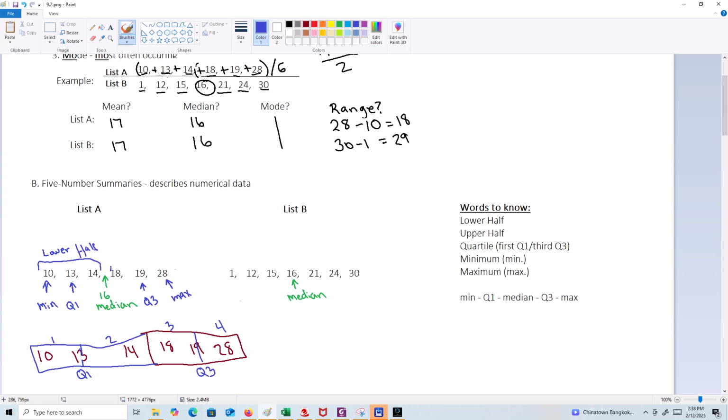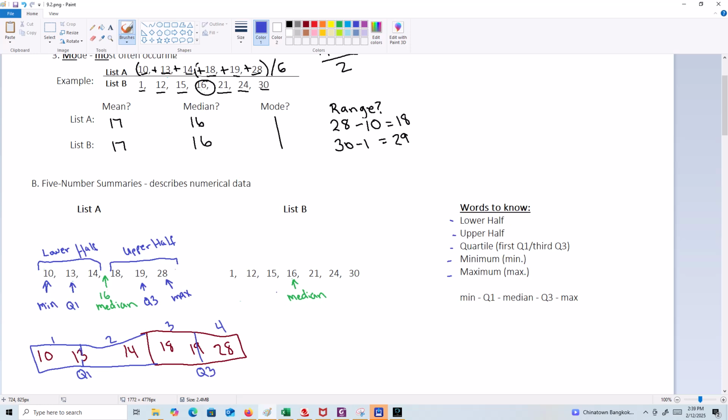And everything to the right of the median is the upper half. So all of these are terminology that you should know. You need to know what the lower half is referring to, the upper half, the first quartile and third quartile, the minimum and the maximum.